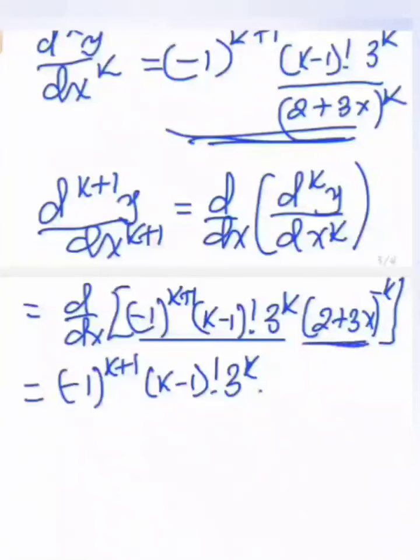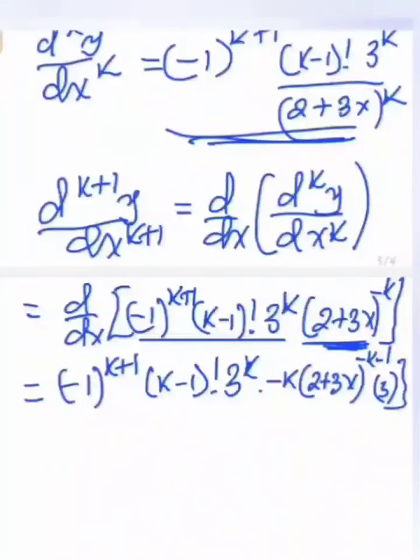So differentiating this part, the term in x there, we use the power rule. We then have negative k into 2 plus 3x to the power negative k minus 1 times the derivative of the bracket there, which is 3. In the next step, we have to be very strategic in arranging the previous statement in order to arrive at the target statement that we are seeking to prove.